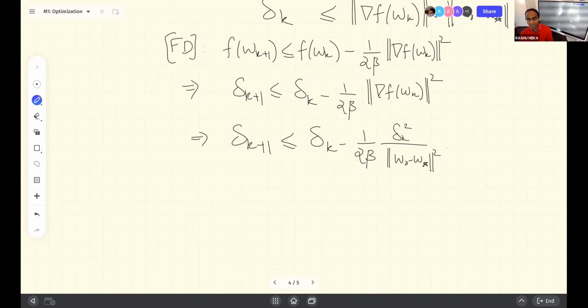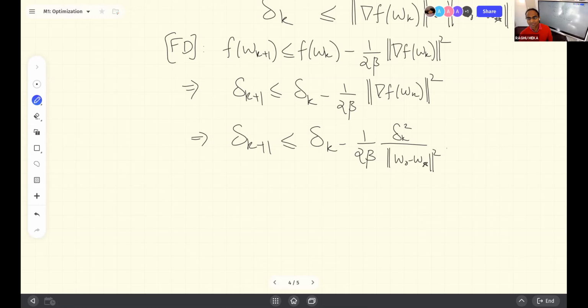Right? If delta k is big, then you're making quite a bit of progress in decreasing delta k. As delta k becomes smaller and smaller, you make less and less progress. Right? It's some kind of recurrence relation, and we have to solve this recurrence relation in some way.